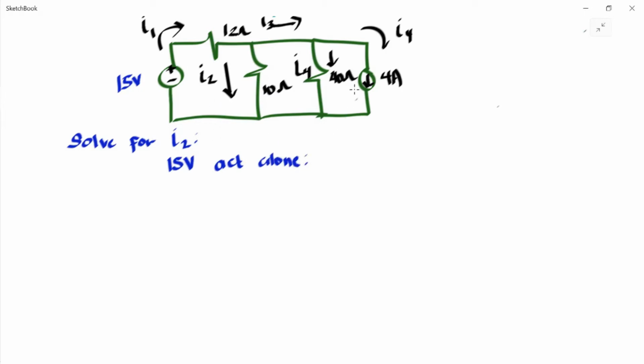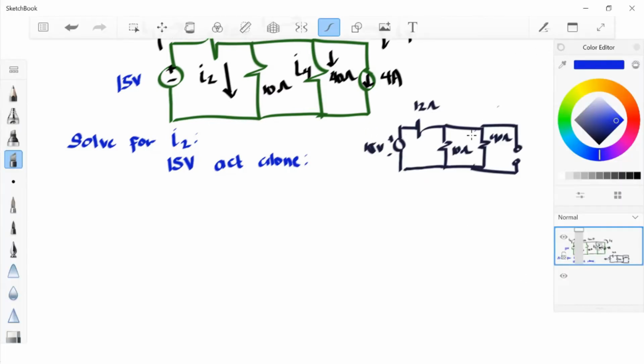We need to redraw this circuit, considering only the 15 volts. We replace the 4 amp current source with an open circuit, as I said earlier.